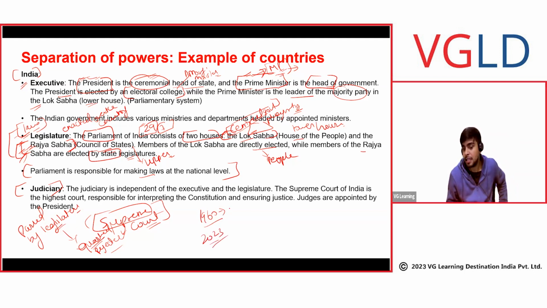In 1960 there was a banking act, for the purpose of banning the privatization of banks. The government wanted to ban privatization of banks. This act was quashed by the Supreme Court, saying that it is unconstitutional.